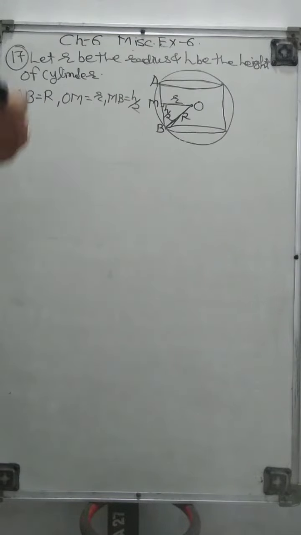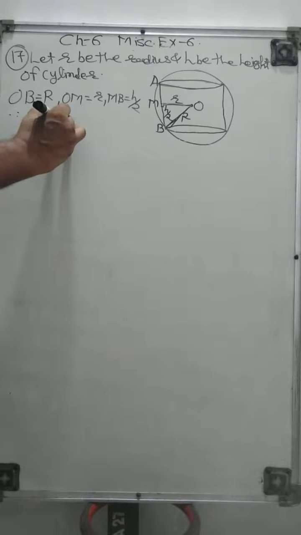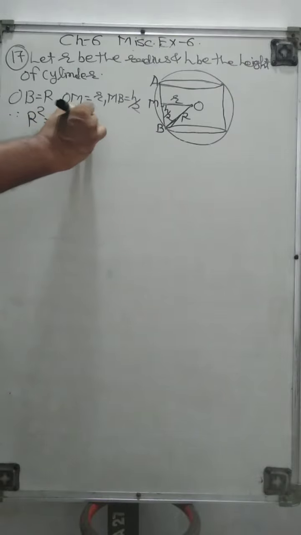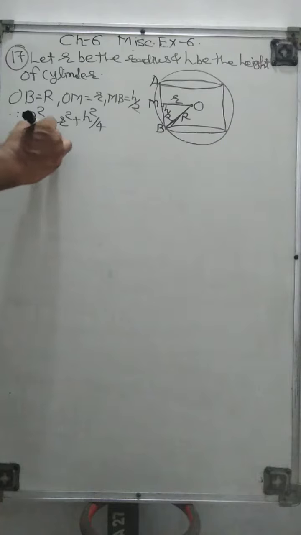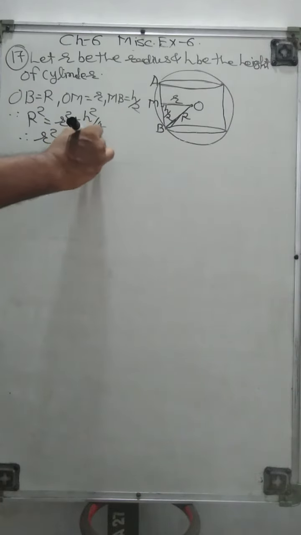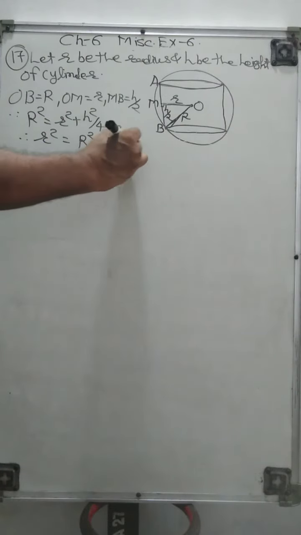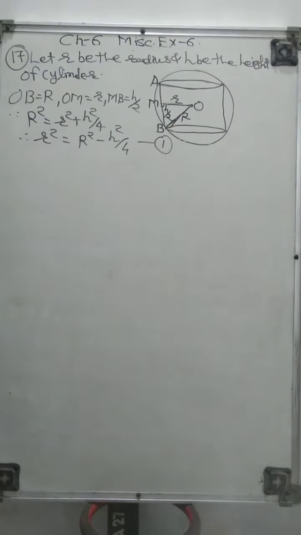So according to the given data, we can say that R square equals r square plus h square by 4, or we can say that r square equals R square minus h square by 4. This is our first result. Now we want to find the volume of the cylinder.